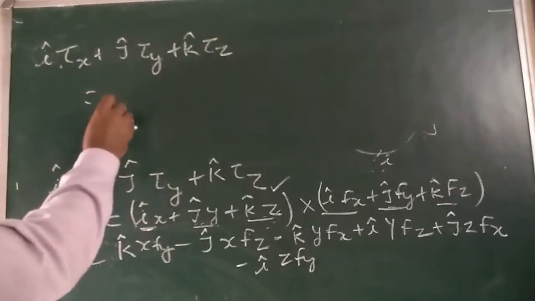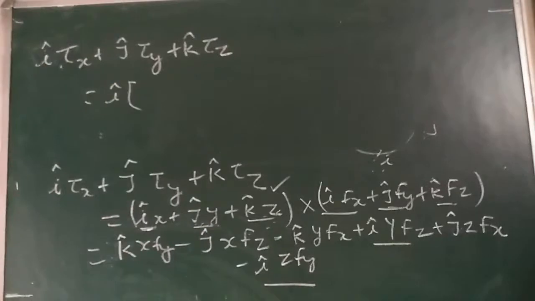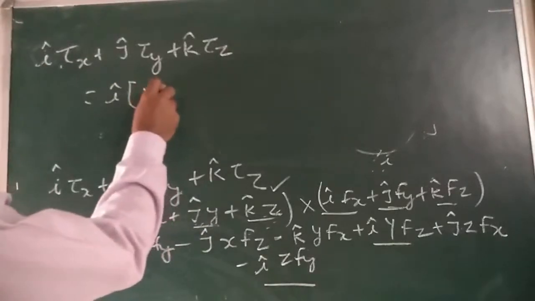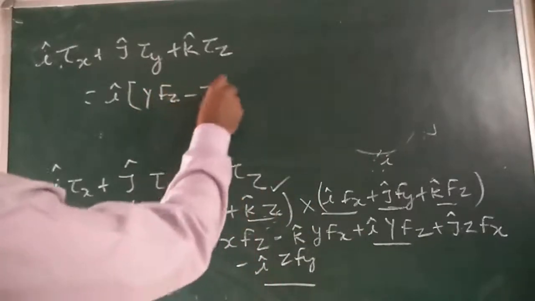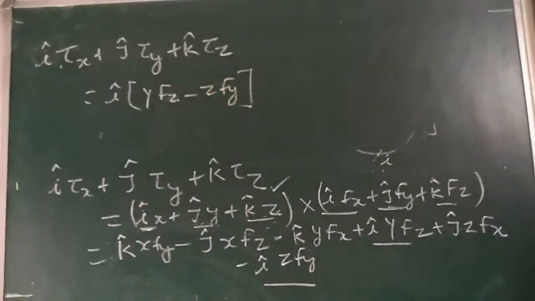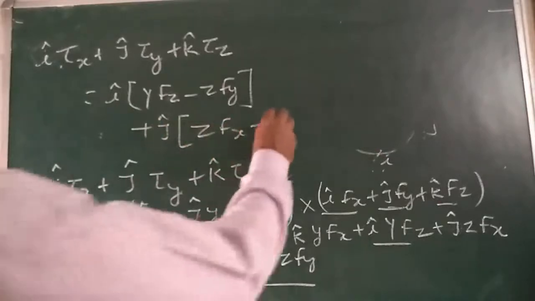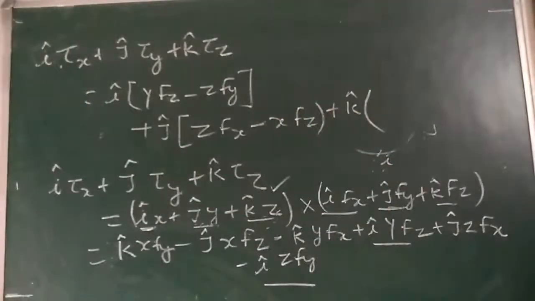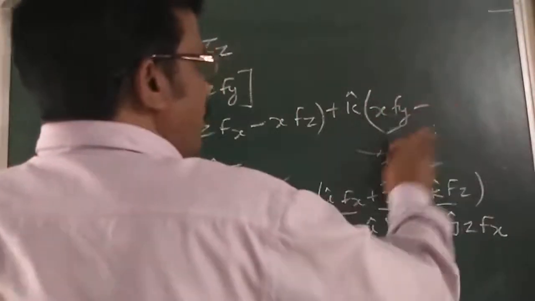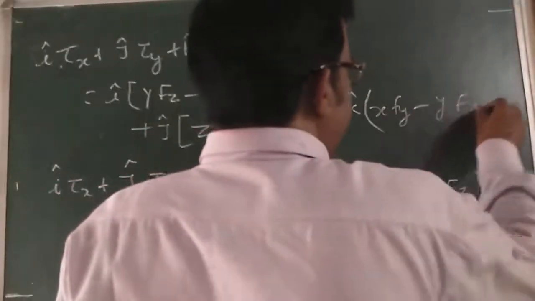That is i cap (y Fz minus z Fy), plus j (z Fx minus x Fz), plus k (x Fy minus y Fx).